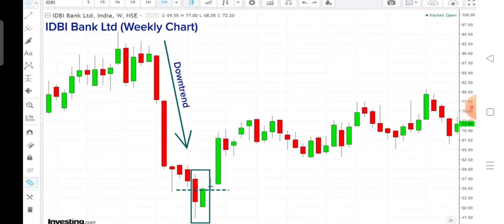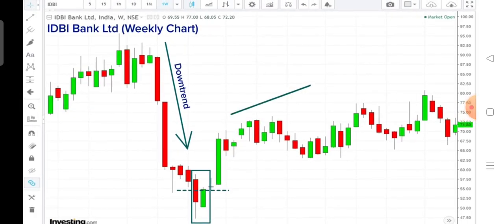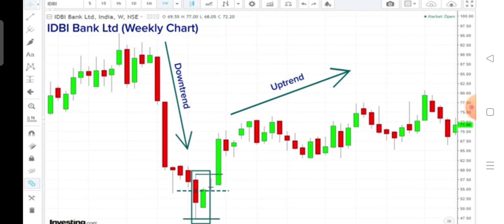And in the next two candles, when the price moved above the high of the two candles, someone should have taken a long trade with the stop loss below the low of these two candles. And see how beautifully the up move happened after that.